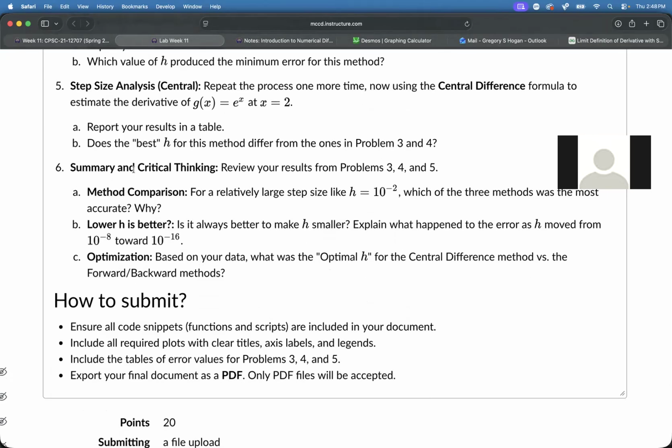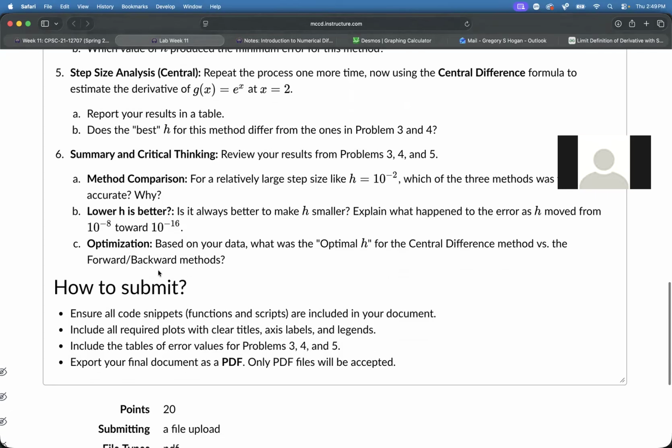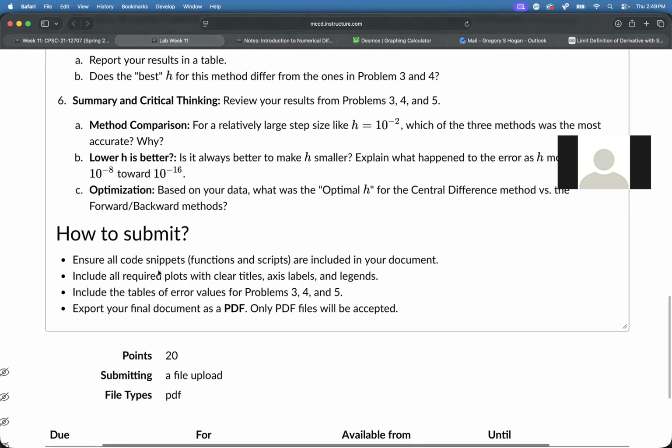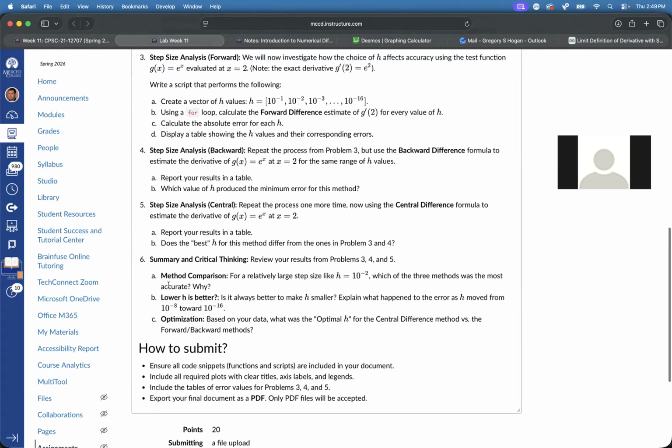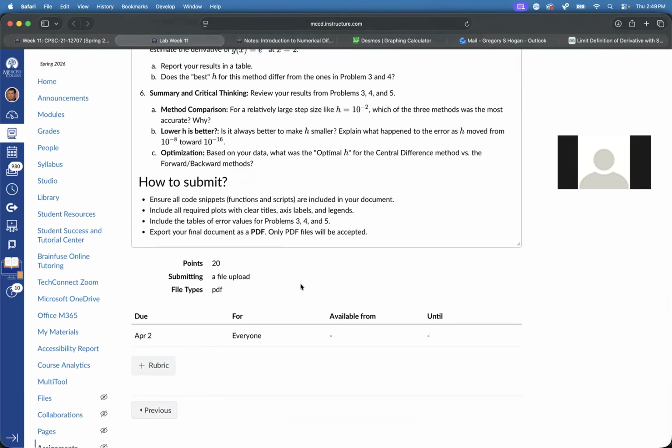And then finally, you're going to mention what we discovered here. So which method was the best out of the 3 that we tried, which H value is the best for forward or backward or central, and that's about it. So that's the lab for this week. I think this makes some amount of sense. And we'll stop the video here and I'll talk to you guys later.